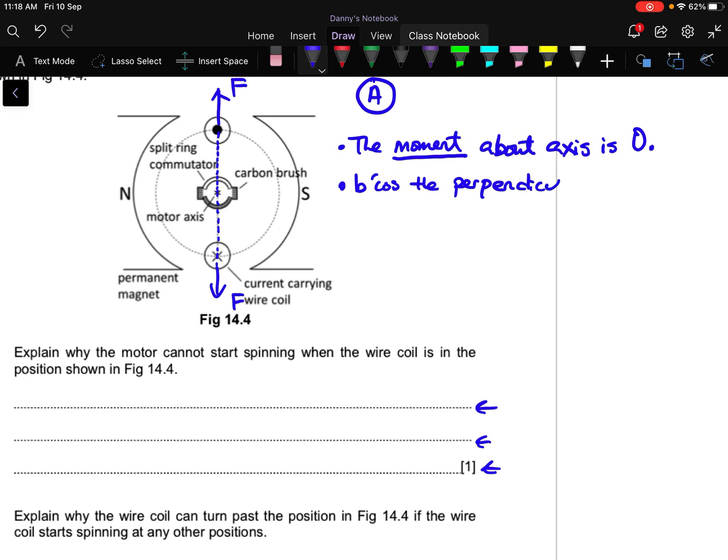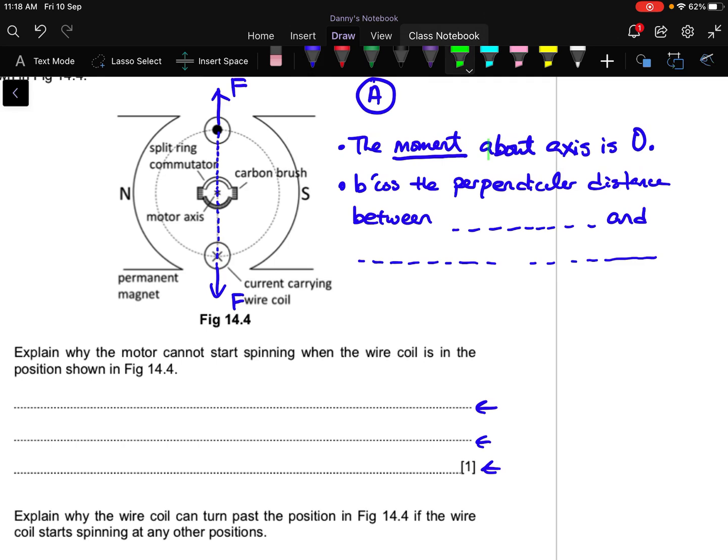So you have to say that because the perpendicular distance, and whenever you mention distance, you must tell me is between what and what. And if you are unable to do that, you won't get any marks for this case.